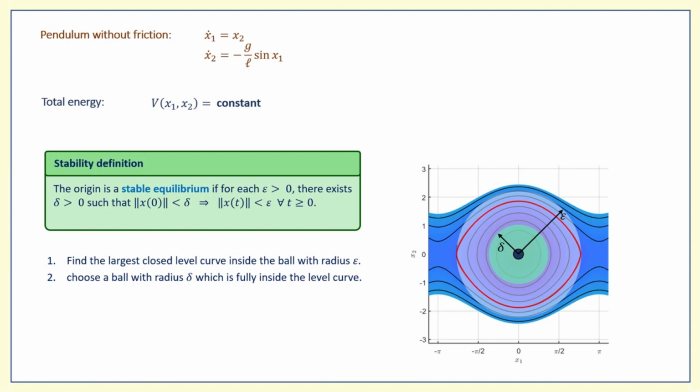If the initial condition is at point A, then x1 and x2 are always on the yellow level curve. But if the initial condition is at point B, then x1 and x2 are always on the red level curve, which is still within the purple ball with radius epsilon. So the origin is a stable equilibrium point.